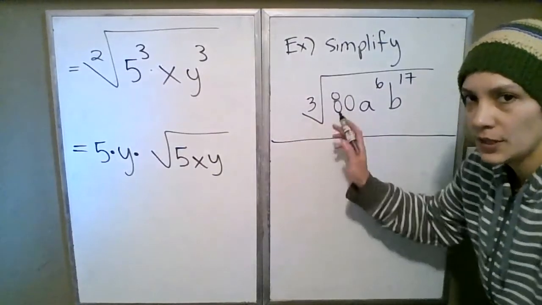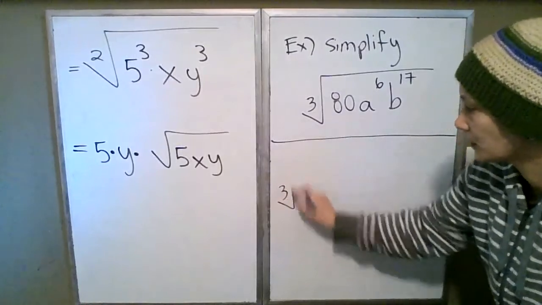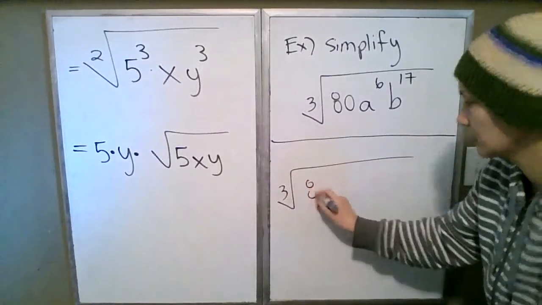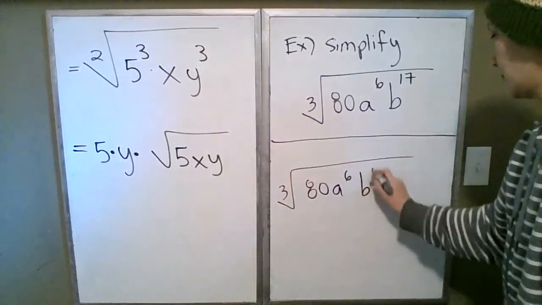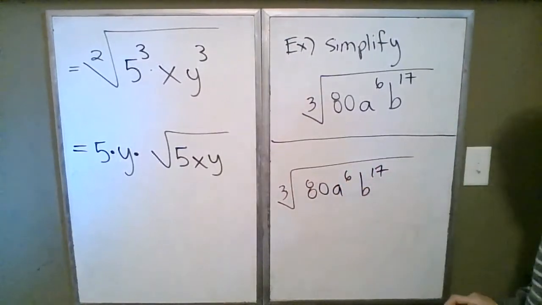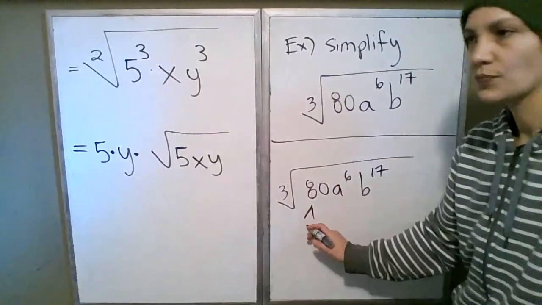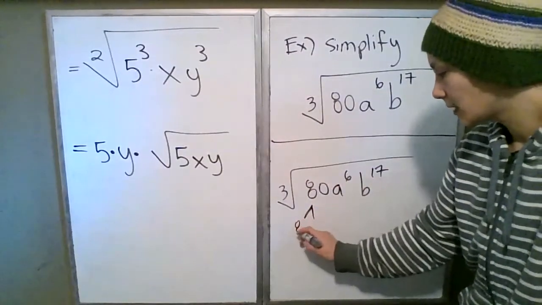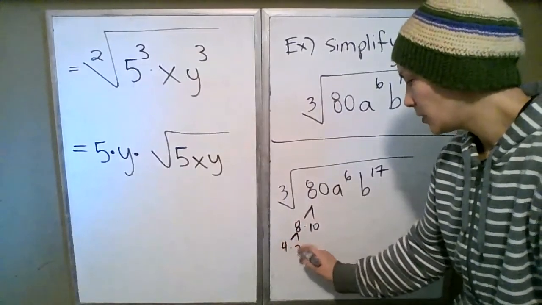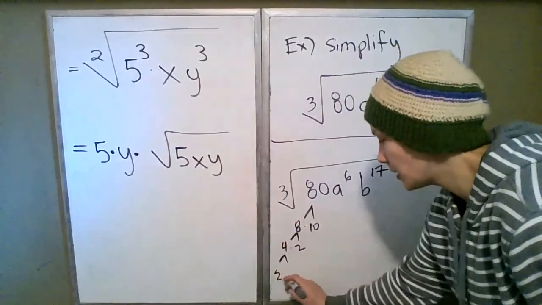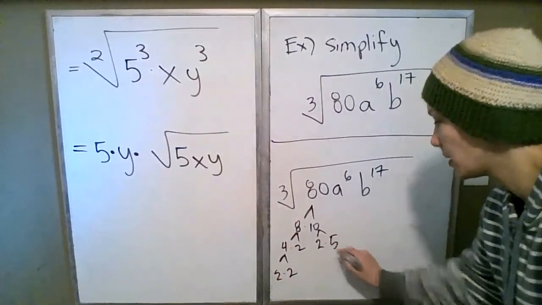Okay, let's start with just getting this copied down and we factor 80. We can do 8 times 10. 8 is 4 times 2. 4 is 2 times 2. Over here, 10 is 2 times 5.